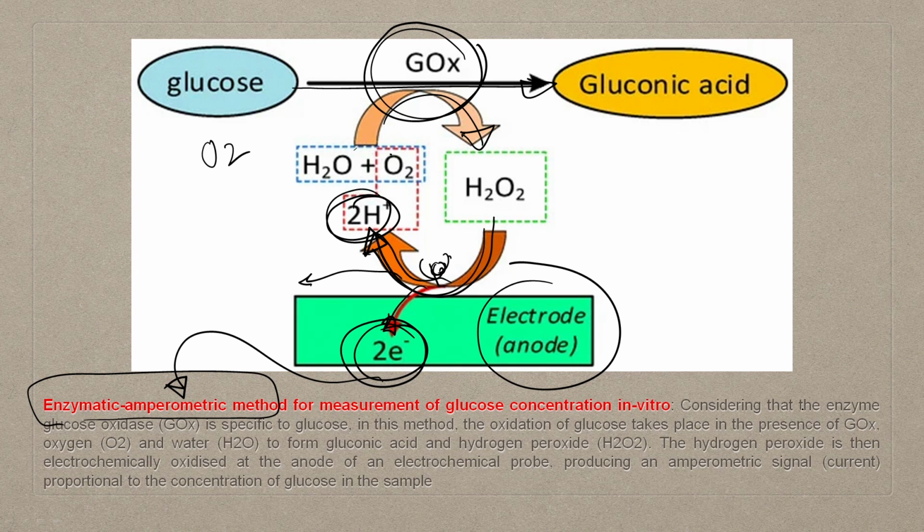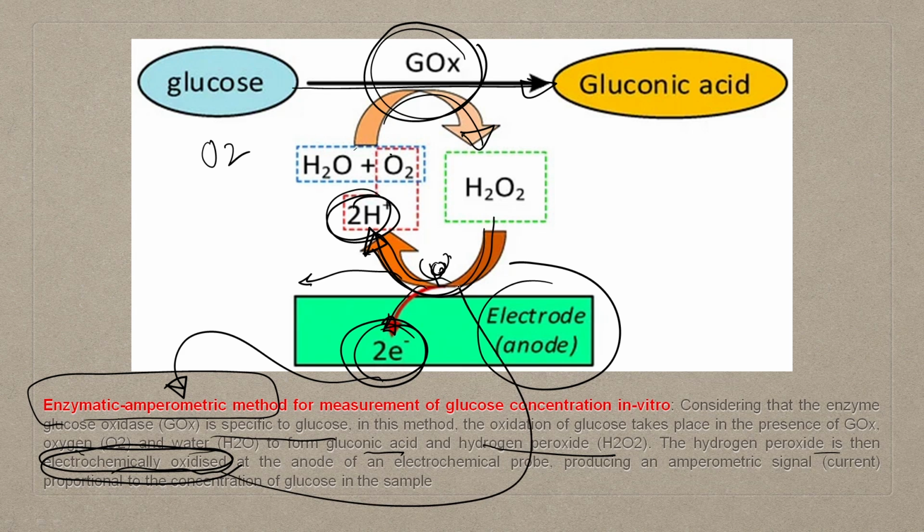Considering that the enzyme glucose oxidase is specific to glucose, in this method the oxidation of glucose takes place in the presence of glucose oxidase, oxygen and water to form gluconic acid and hydrogen peroxide. The hydrogen peroxide is then electrochemically oxidized.